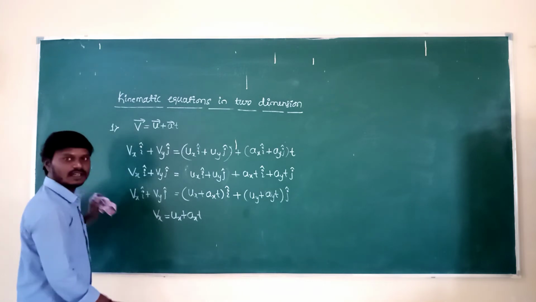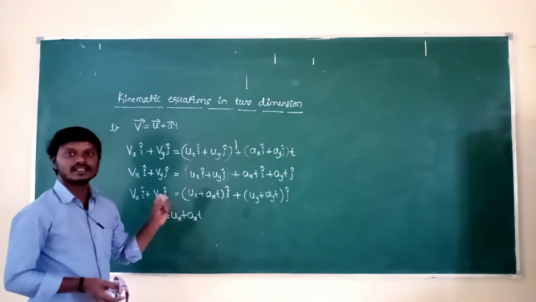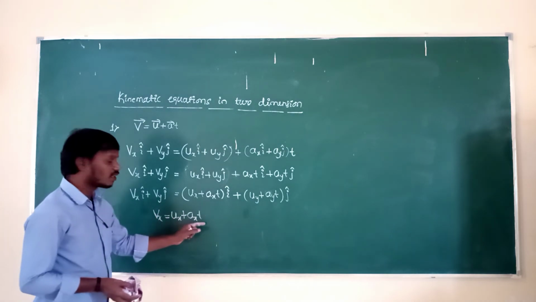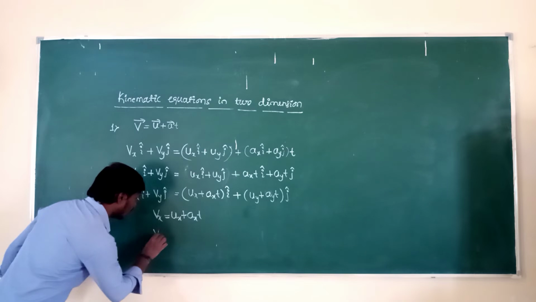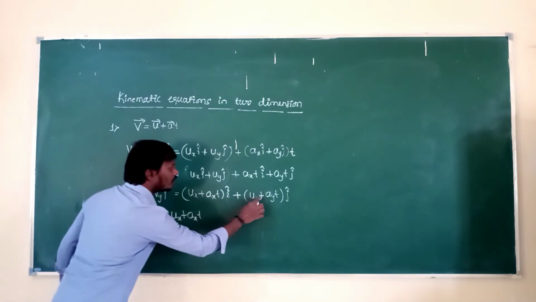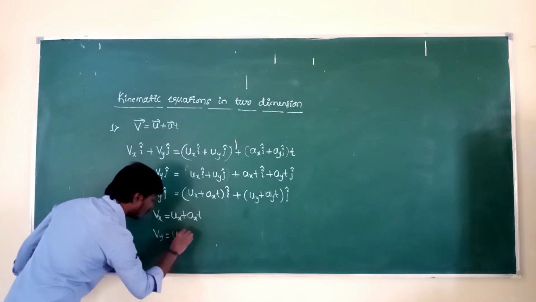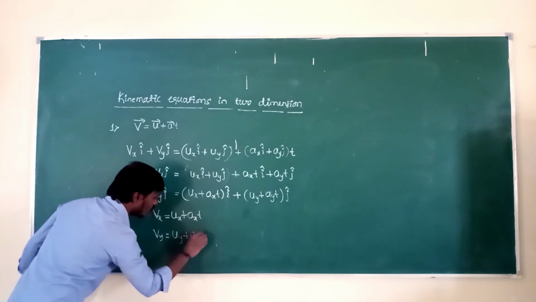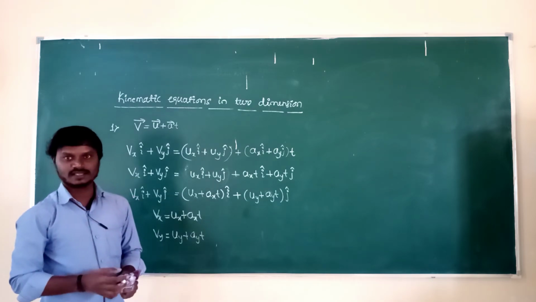Is it right? It is the equation of motion taken along the x-axis. And Vy is equal to Uy plus Ay into t.